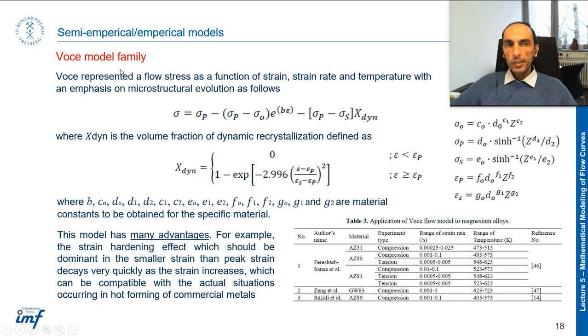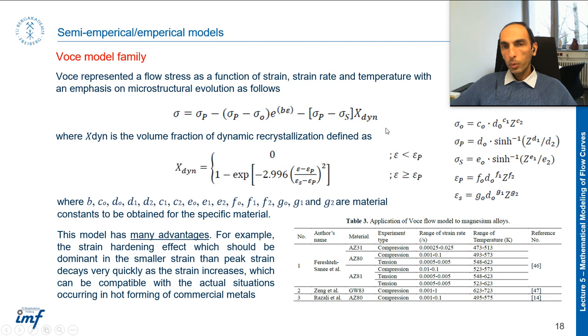Next family is the Voce model, which is, I can say, the most famous semi-empirical model. And in this Voce model, beside the effect of strain rate and temperature, you can see the effect of dynamic recrystallization, which is reflected directly into the equation.